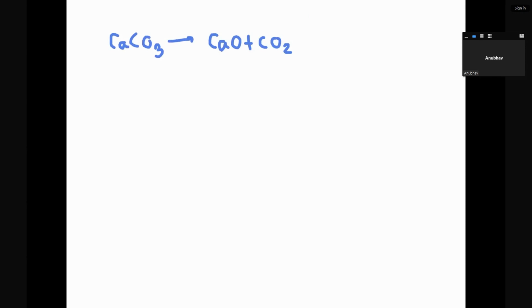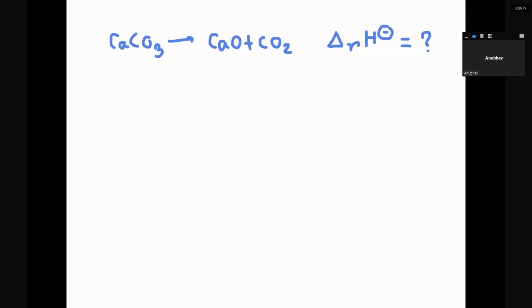That is, how much heat is required to decompose calcium carbonate to calcium oxide and CO2. In this case, the equation is over here. Now we can make use of the standard enthalpy of formation and calculate the enthalpy change of the reaction. So how can we calculate the standard reaction enthalpy from the standard formation enthalpy?